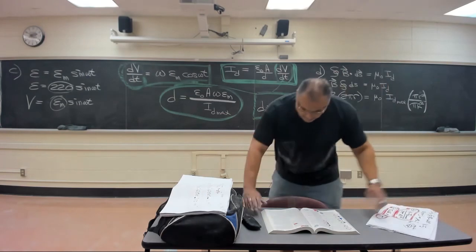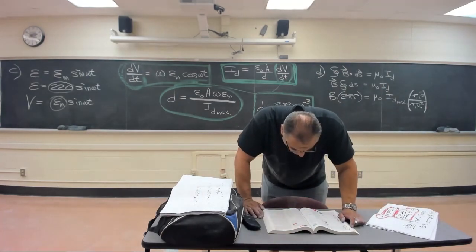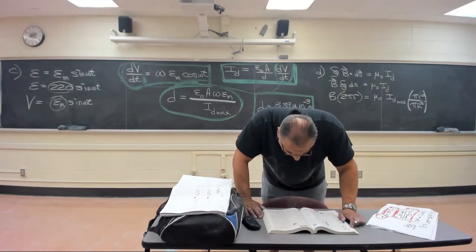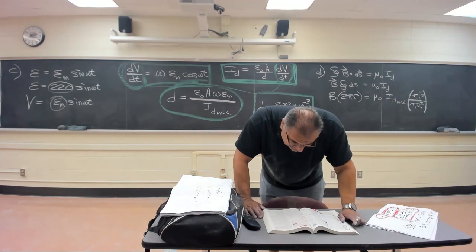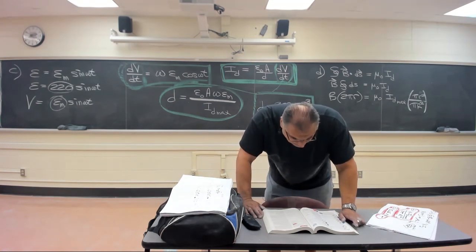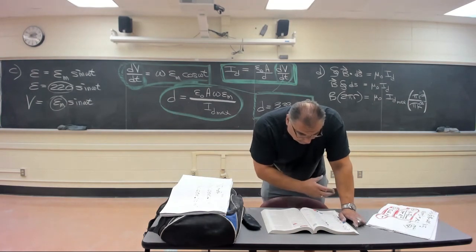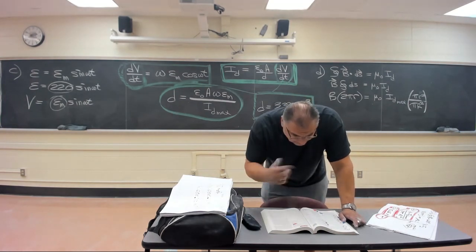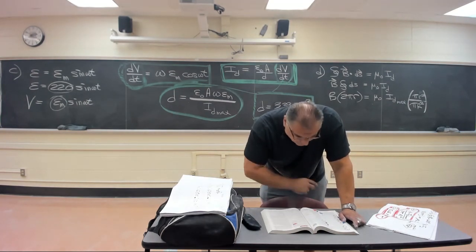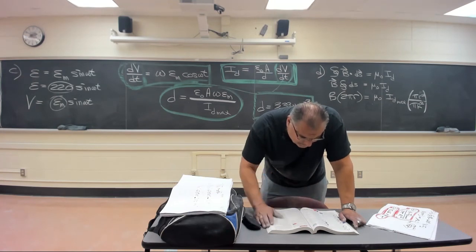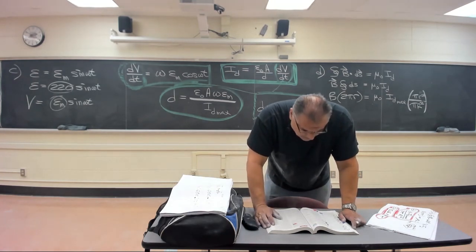But they're asking here, find the maximum value of the magnitude of B vector between the plates at a distance r equals 11 centimeters. That's not the maximum possible for the entire setup. It's the maximum possible for a situation where small r is 11 centimeters from the center.